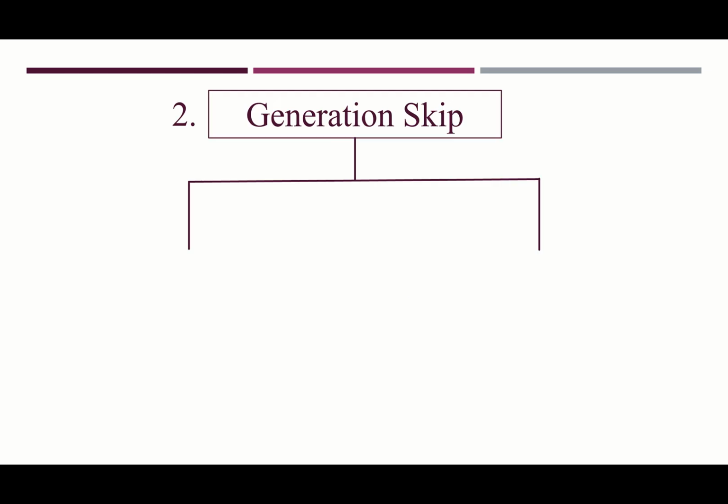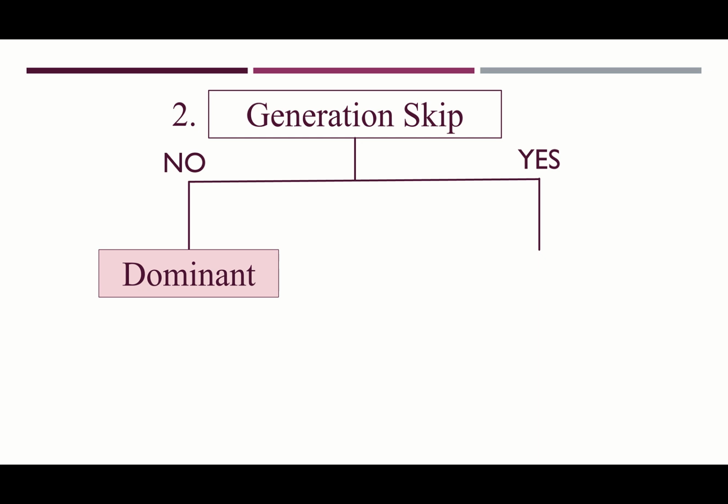If at no point in the pedigree does any generation have a carrier state, or there is no generation skip at any part of the pedigree, then it is a dominant condition. But if even a single generation has a carrier state, or there is a generation skip even at a single point of the pedigree, this is a recessive condition.